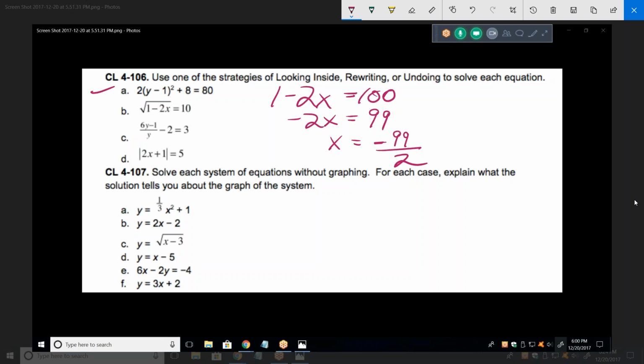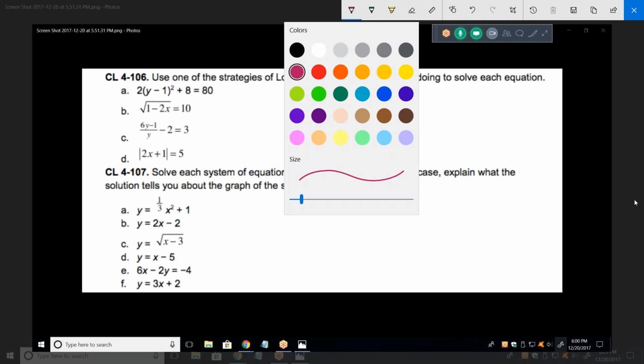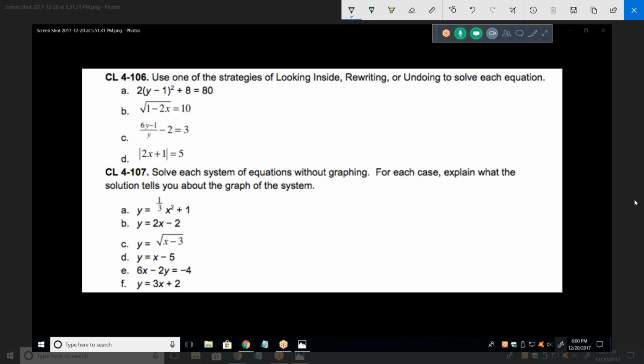But I think we just had to choose one of them to do. You're right. Use one of the strategies. Okay. So, in other words, it's unimportant that we do it 3 different ways, or even that we know the name of the strategy.